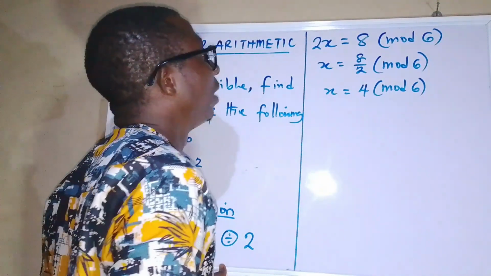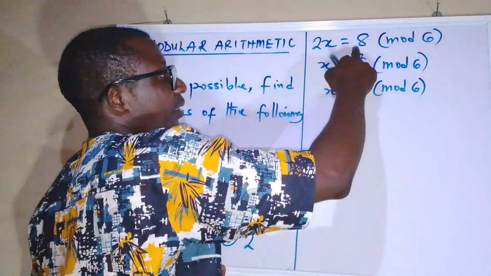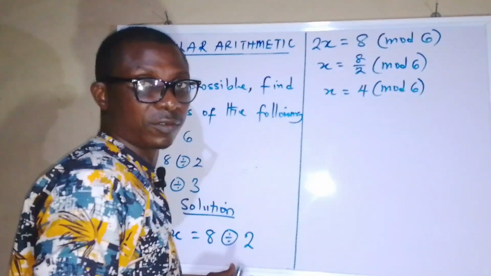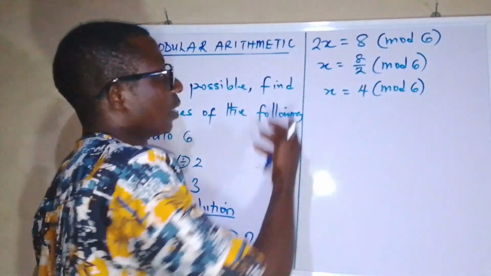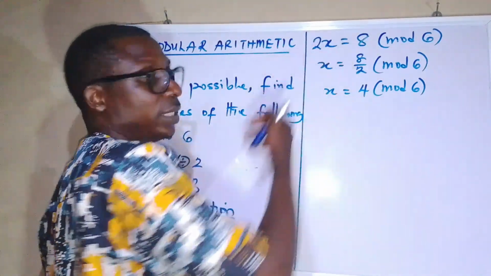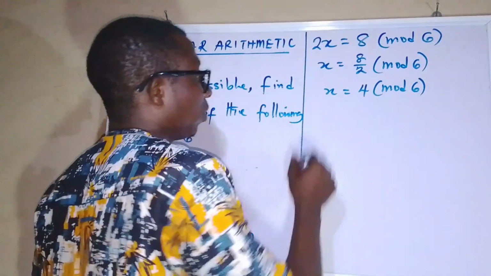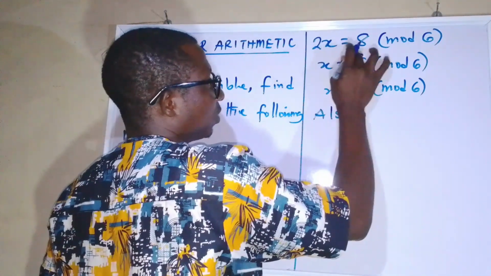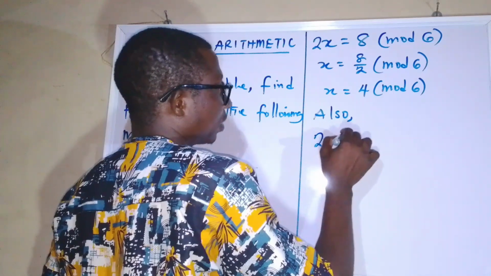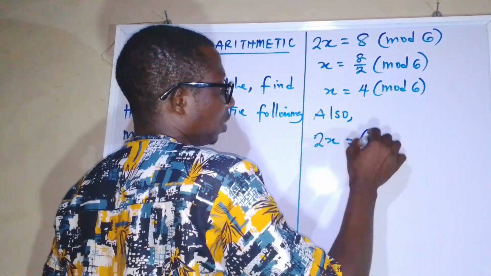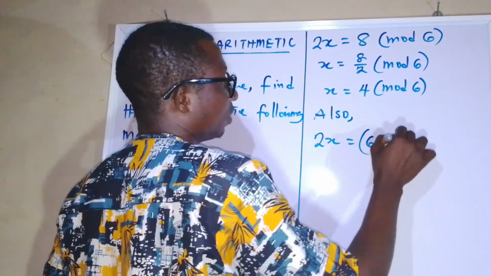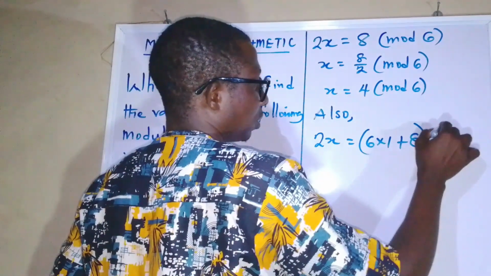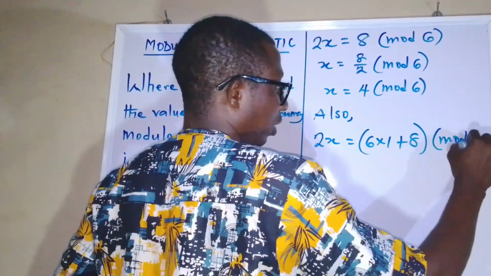If we add a 6 to this, that gives you 14, right? And you can see 2 can go into 14. So we also have this expression: 2x equals 6 times 1 plus 8 mod 6.